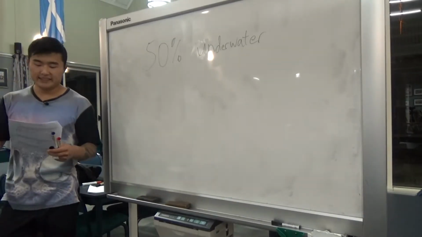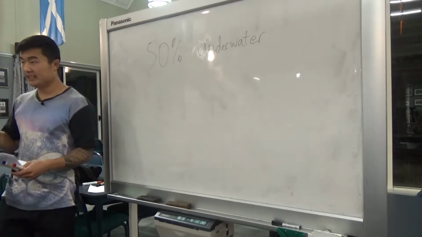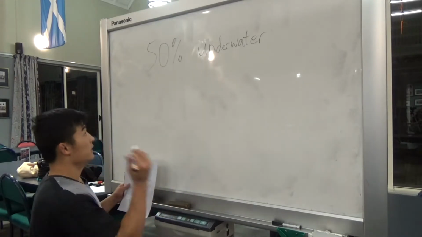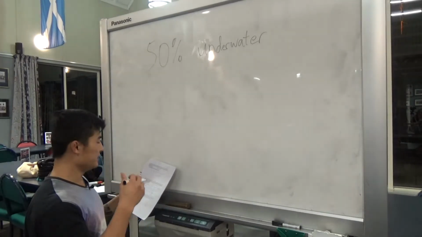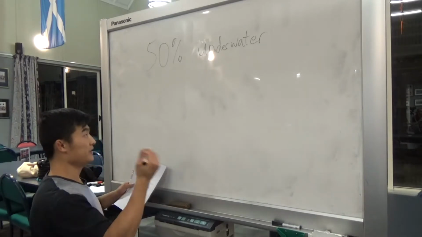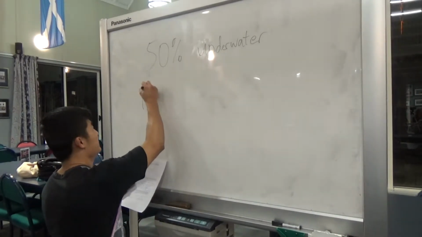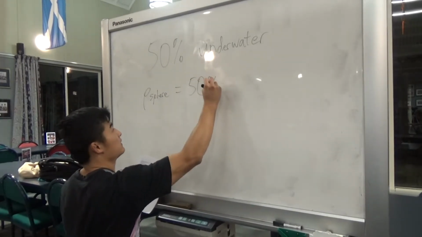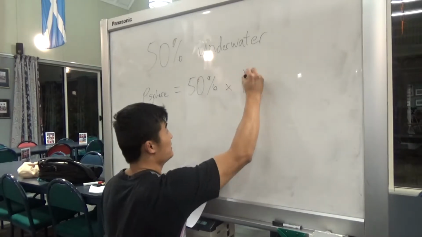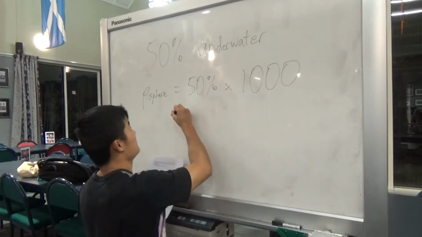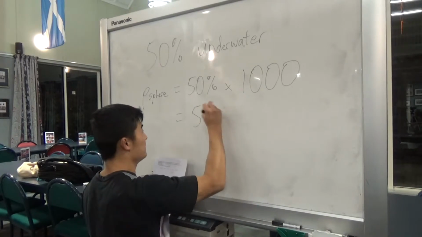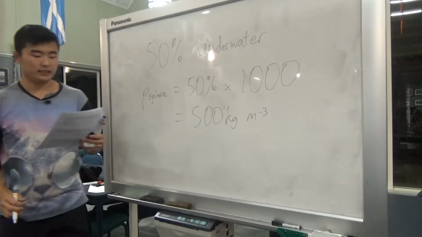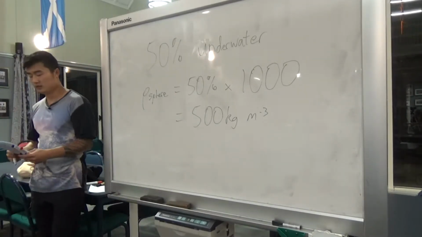It means that the density of the sphere is 50% of the density of the liquid. So the density of the sphere is going to be just half of the density of water, so half of 1,000. So density of sphere is equal to 50% times 1,000, the density of the water. So that's going to be 500 kilograms per meter cubed. Okay, or 5 times 10 to the power of 2.